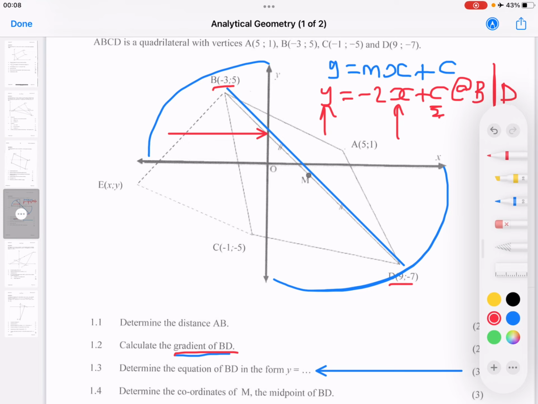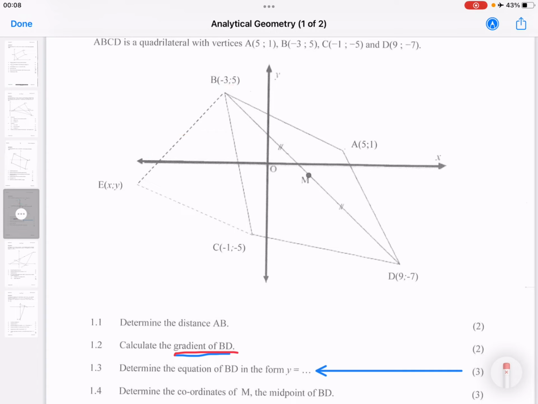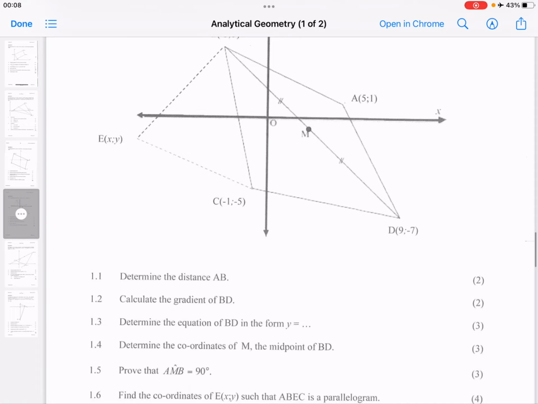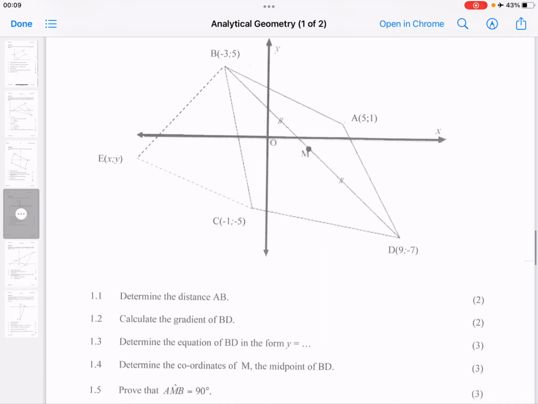Most importantly, as soon as you have calculated your c value, make sure that you write the answer in the form of y equals your gradient x plus your c value. I might need to scroll down and then we look at the next question. It seems like we still have some more questions there, but let me just do that.